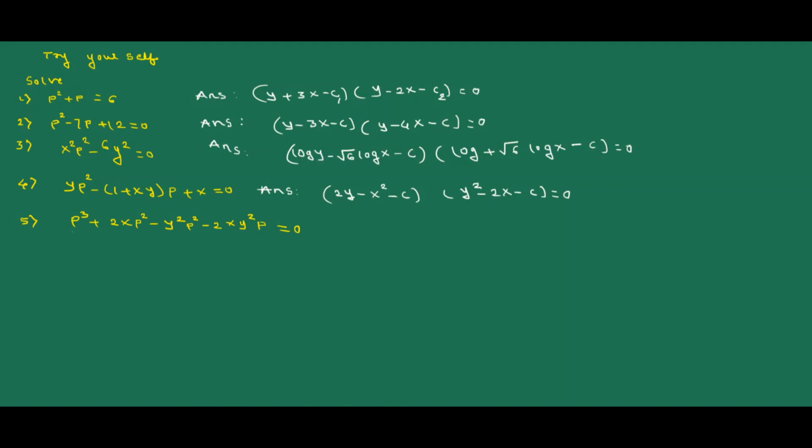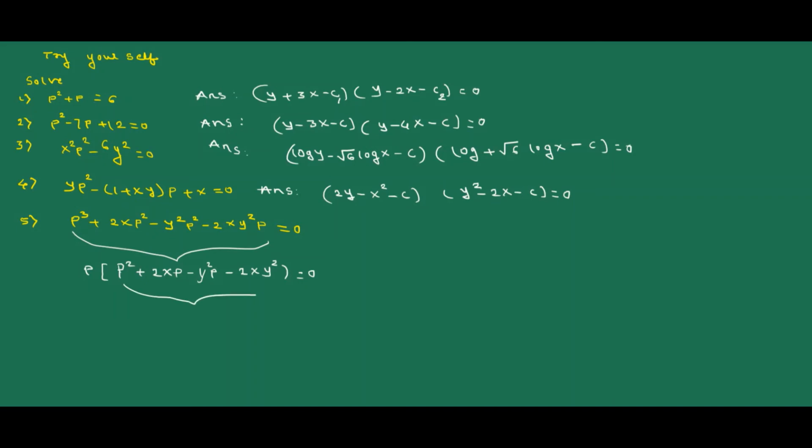In this case, throughout you can take p common. If you take p outside, we are left with p square plus 2xp minus y square p minus 2xy square is equal to 0.